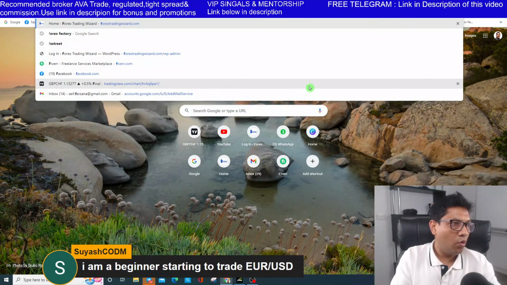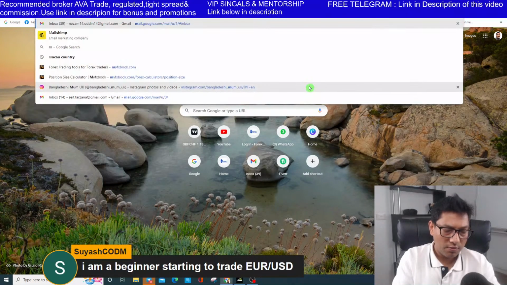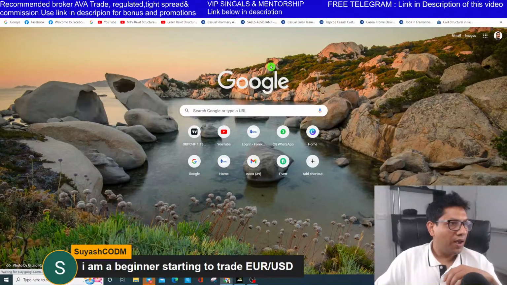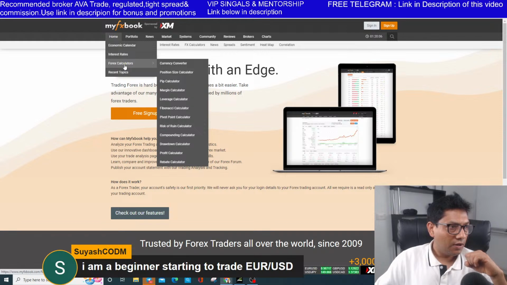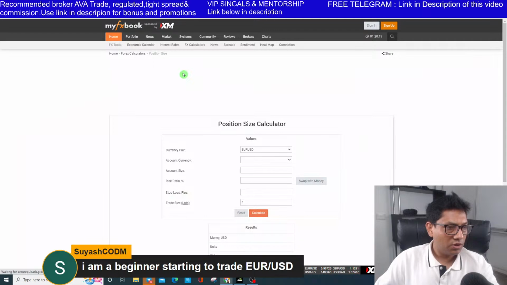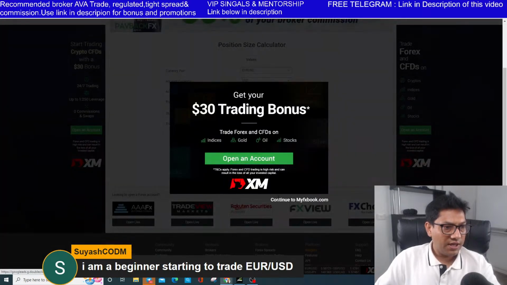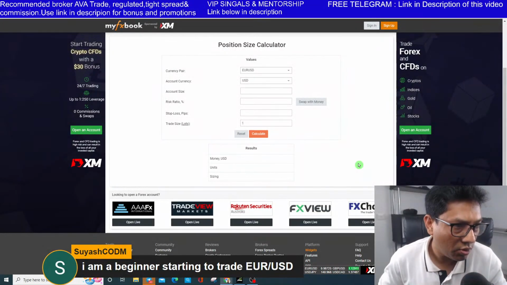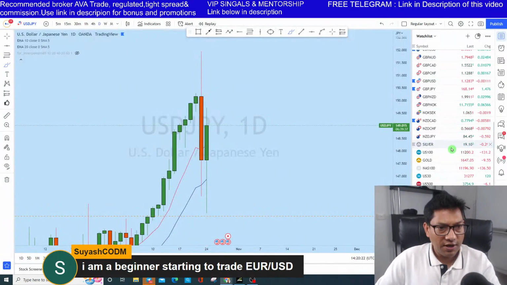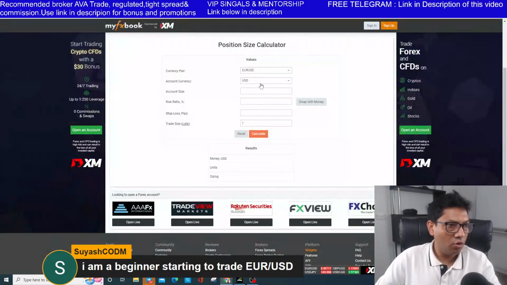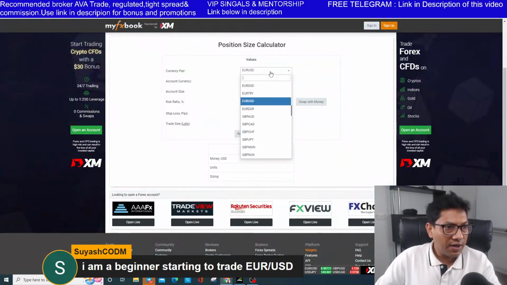If you don't have one, then you can use myfxbook. Myfxbook.com is a free website where you can go to the Forex calculator, go to the position size calculator. There is a mobile app also available. Once you go there, let's say you want to trade euro dollar. Your currency pair is the pair you are trading, euro dollar.